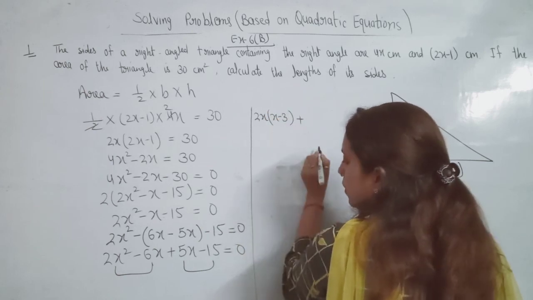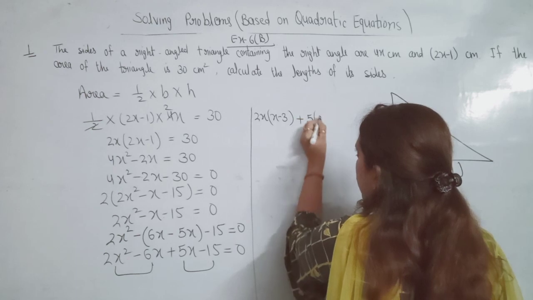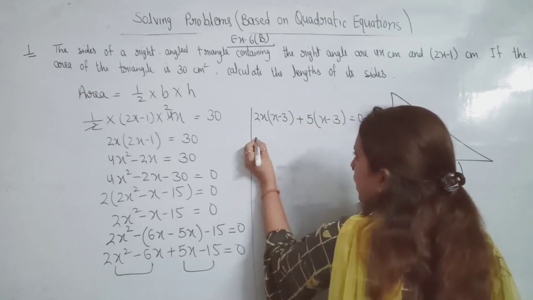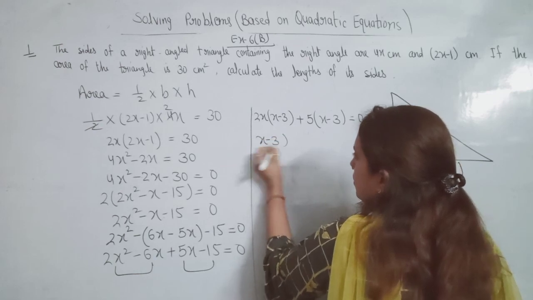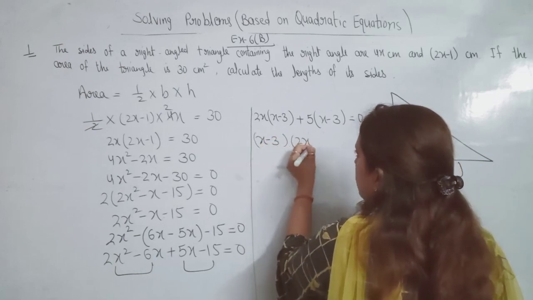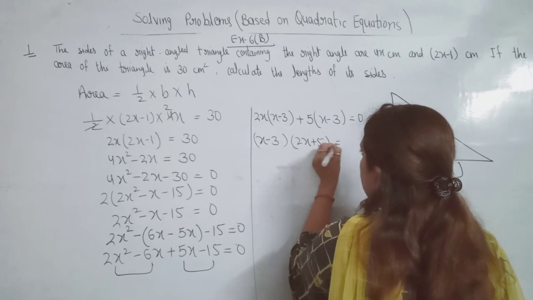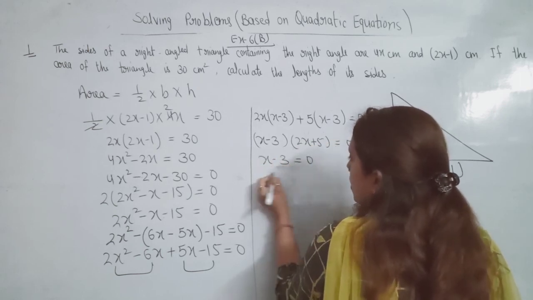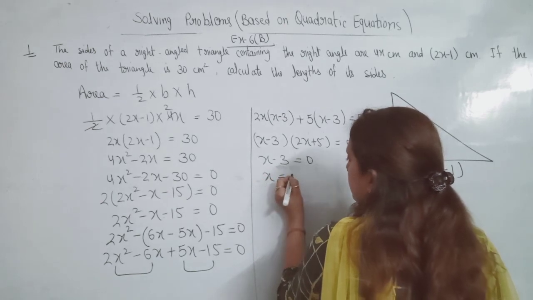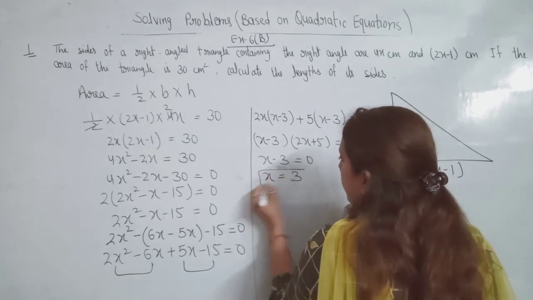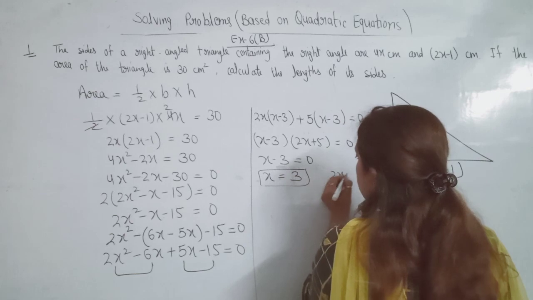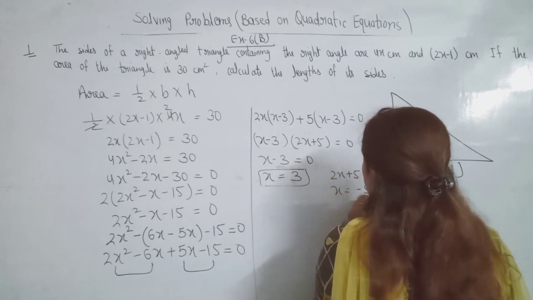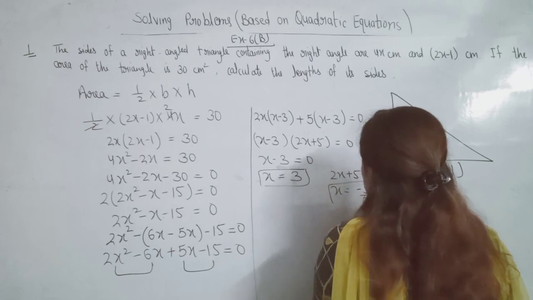In the second pair, 5 is common, x minus 3 is equal to 0. So the two factors are x minus 3 and 2x plus 5 is equal to 0. When we equate x minus 3 is equal to 0, x is 3. And when we equate 2x plus 5 is equal to 0, x will be minus 5 by 2.